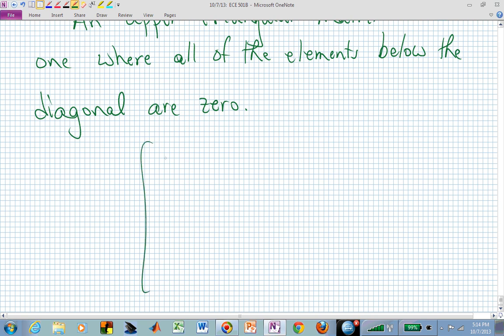Meaning we want to find representations of these operators that are upper triangular, meaning everything below the diagonal is 0 and everything above is what we want to play with. And that's where we want to go, and we'll derive or state some nice results for upper triangular matrices next time.